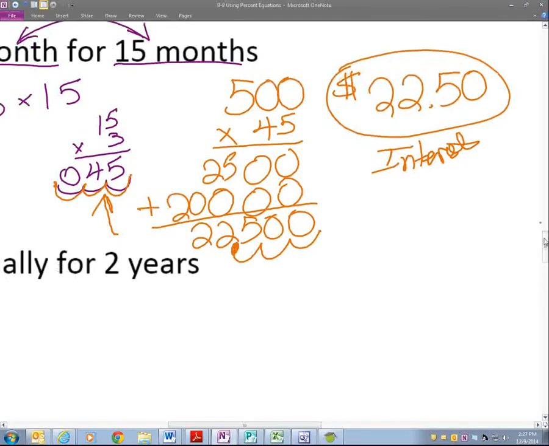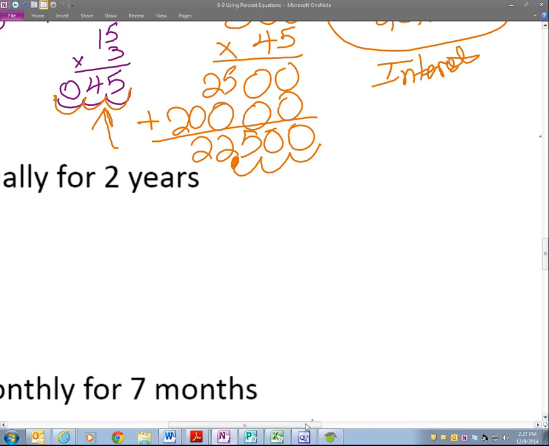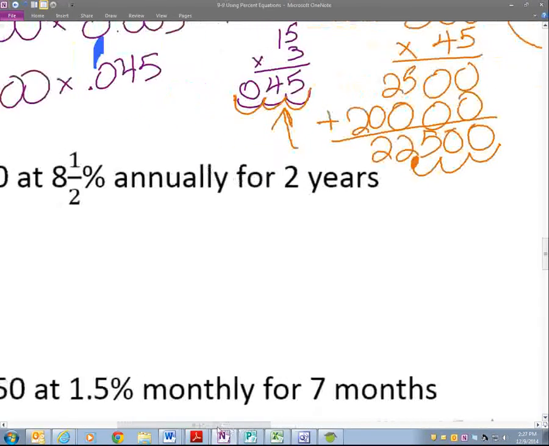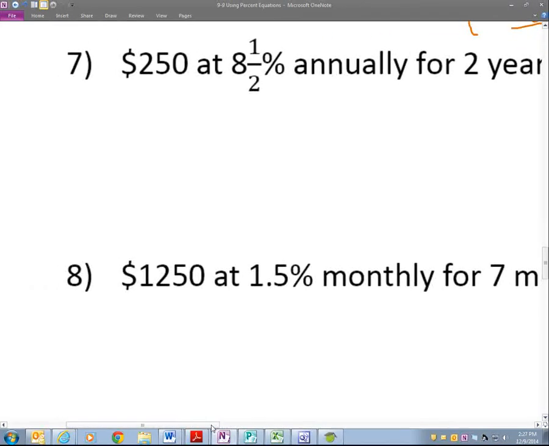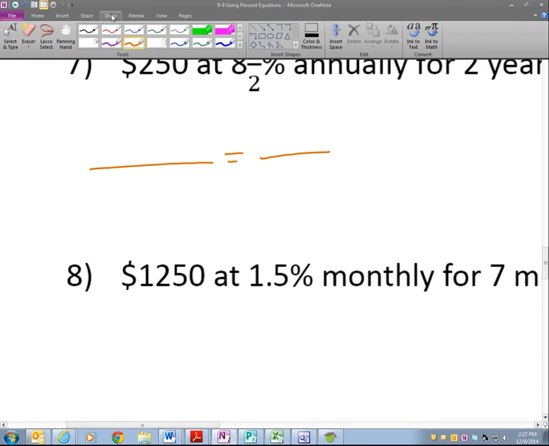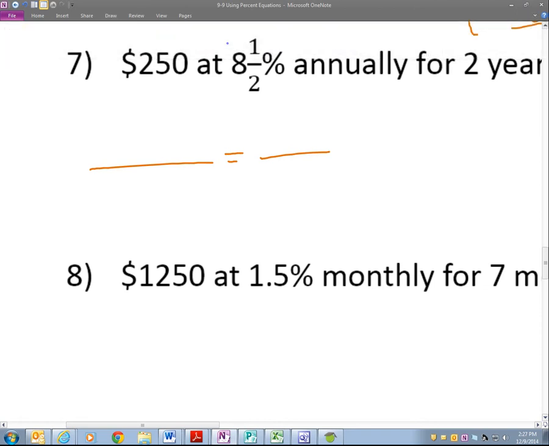Now let's do this using the proportion that's in your notes. So we have 250, since that's the principal. In our notes it said, where does the principal go in this proportion? On top? You sure about that?